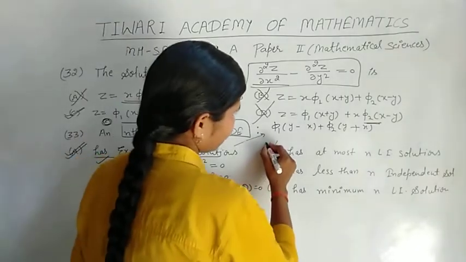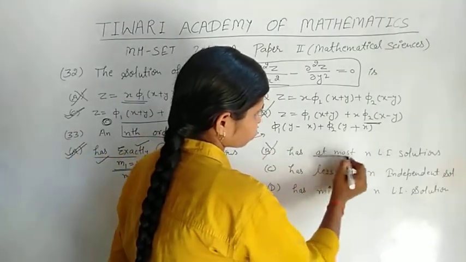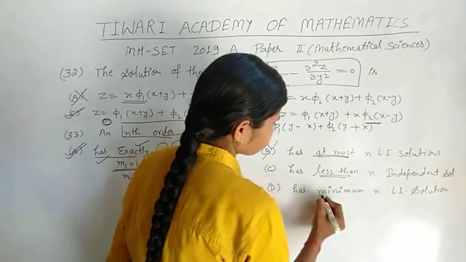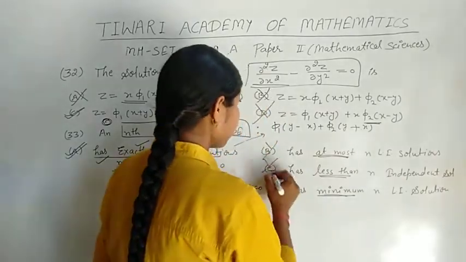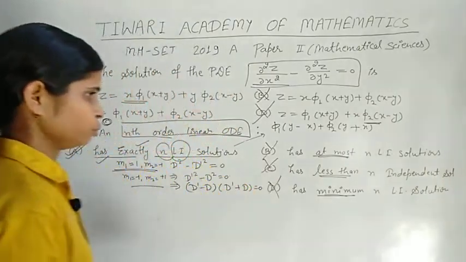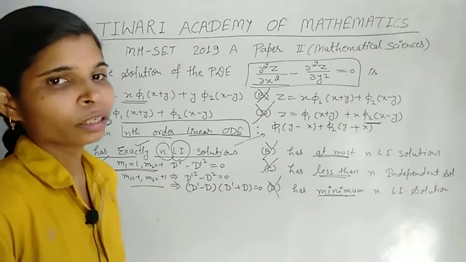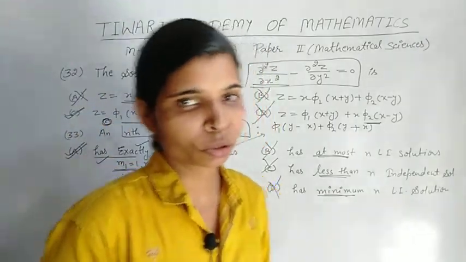Option B says at most, and option C says less than. Option D says minimum, but we are told an exact value. So the first option is true, and options B, C and D are wrong.